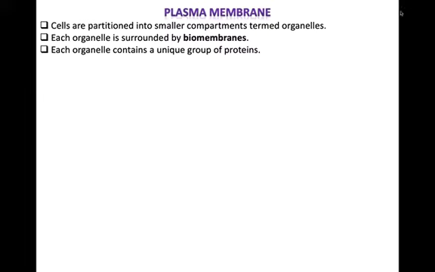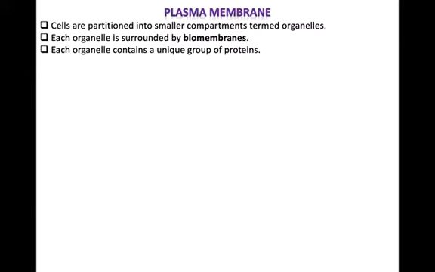So what is the plasma membrane? Actually, cells are partitioned into smaller compartments, which are the organelles, and each organelle is surrounded by biomembranes. Each organelle contains a unique group of proteins, and these proteins specify the function of each organelle.